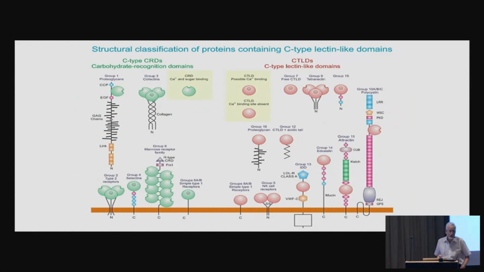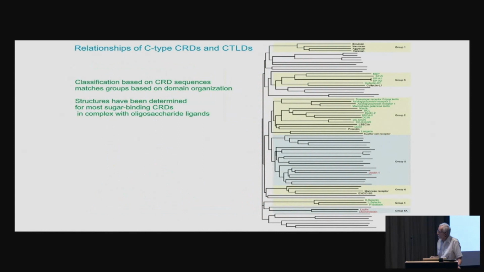So that says that each of these structural groups evolved, and then the carbohydrate recognition domains within them sub-evolved in some different ways within the groups. And that can be very useful to us in understanding their functions.